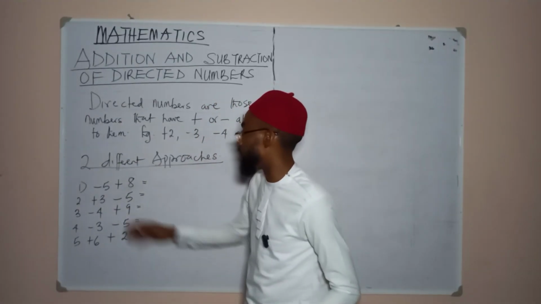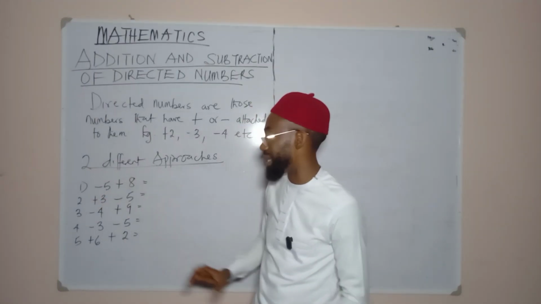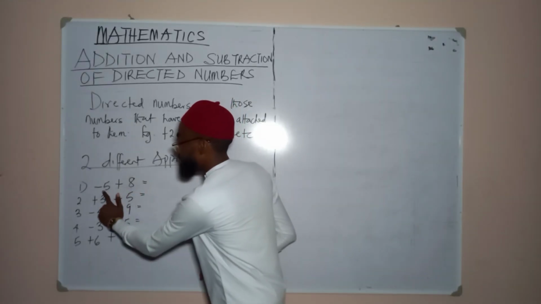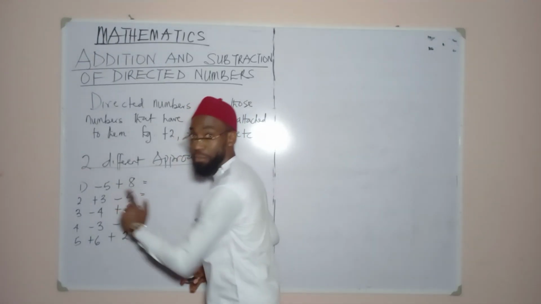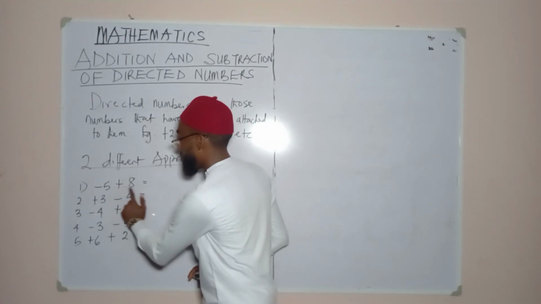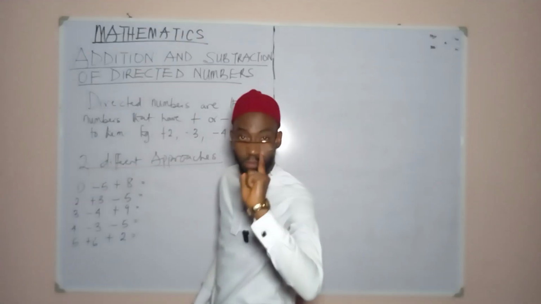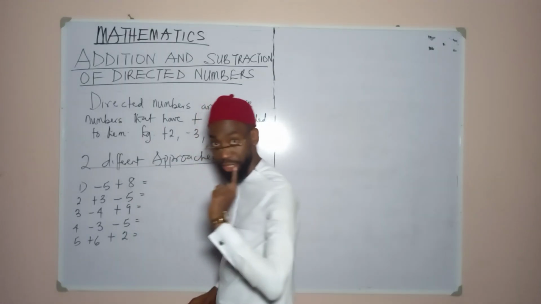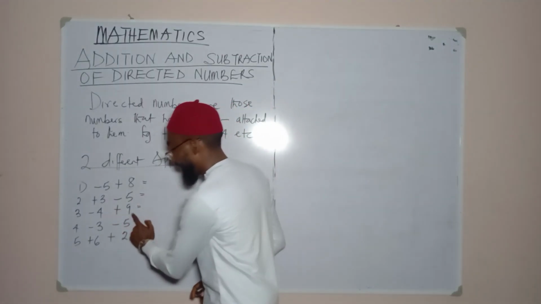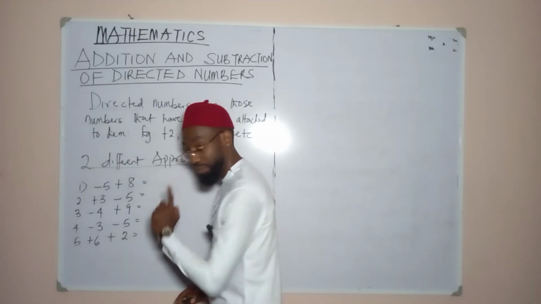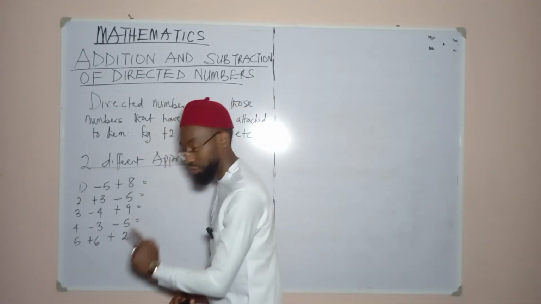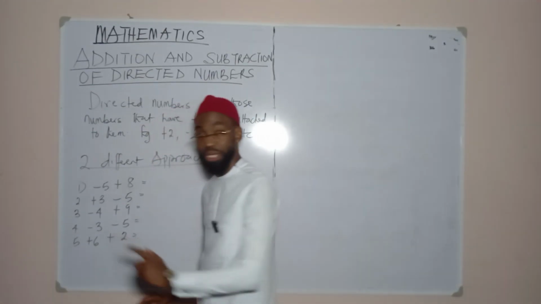Now, I tell students, whenever you're adding or subtracting directed numbers, pay keen attention to the bigger number between the two numbers given to you. Between 5 and 8, the bigger number here is 8. We'll pay attention to it. Between 3 and 5, the bigger number here is 5. Between 4 and 9, the bigger number here is 9. Between 3 and 5, the bigger number here is 5. And between 6 and 2, the bigger number here is 6.